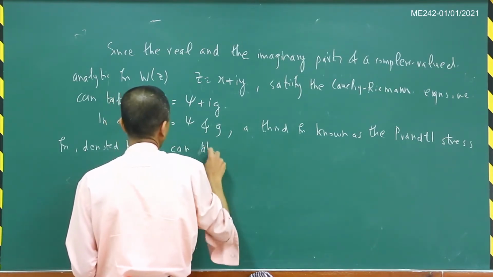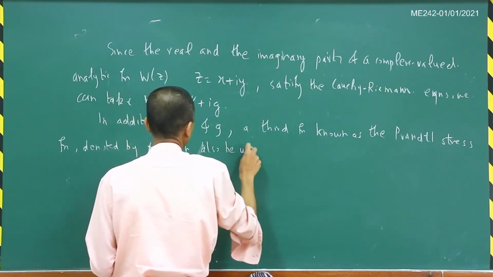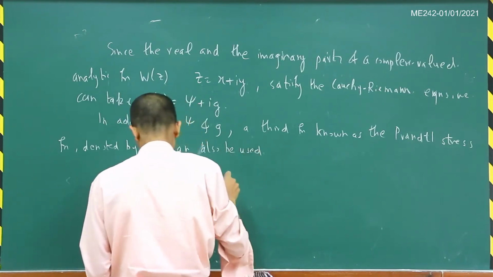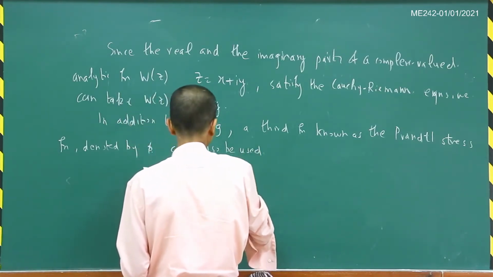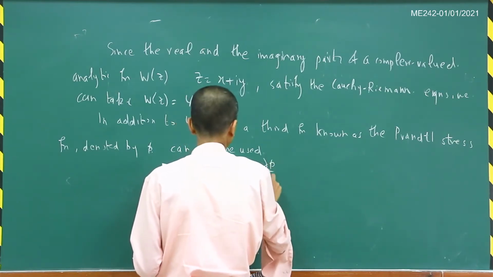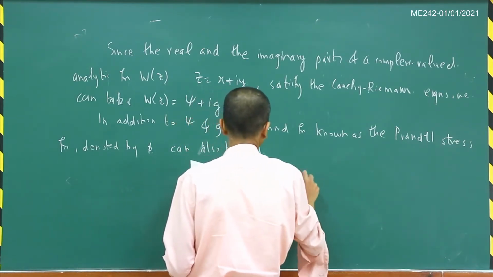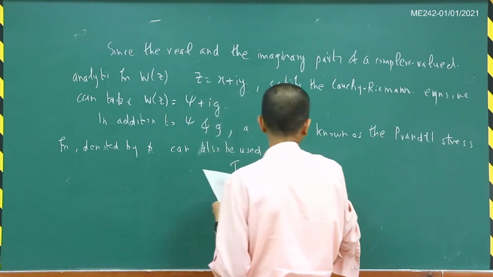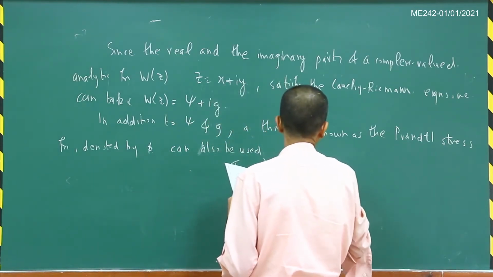Basically you have that tau xz is equal to del phi by del y, and tau yz is equal to minus del phi by del x.